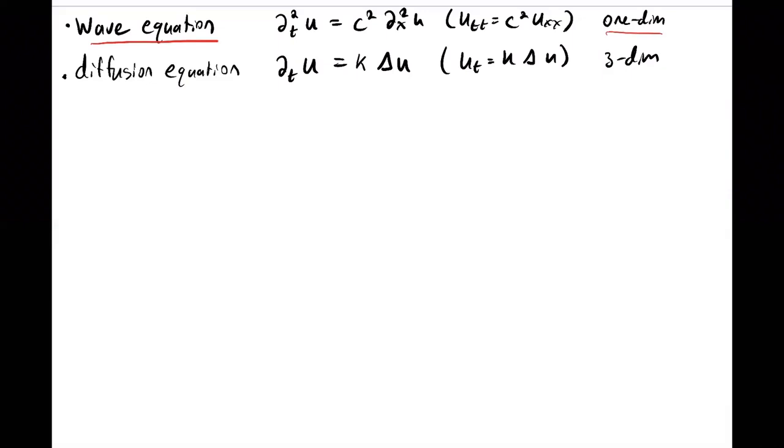Before we do that, though, I do want to mention a few more things related to variants of the diffusion equation, which are worth pointing out now. The first is that the argument we gave was specific to 3 dimensions, but there are also analogs in 1 and 2 dimensions.